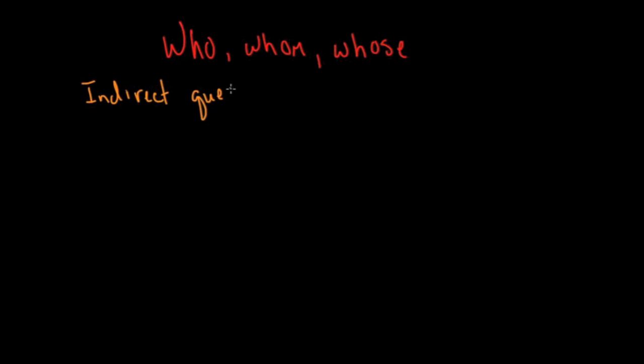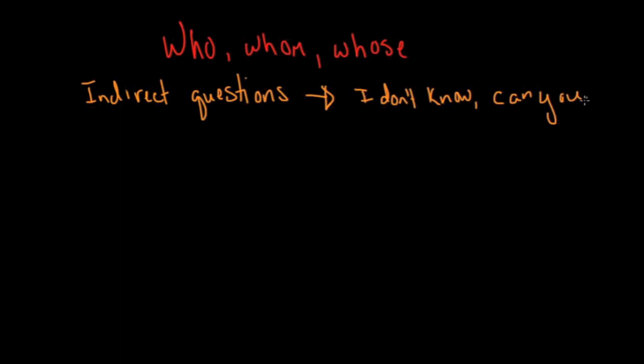Well, indirect questions are questions that start with phrases like, I don't know, can you tell me, we don't care is another common one. But it's these kind of questions that start with these other type of phrases. And so let me give you an example.